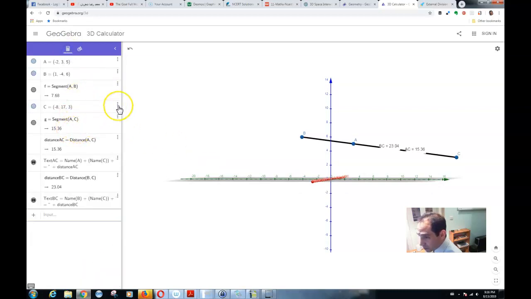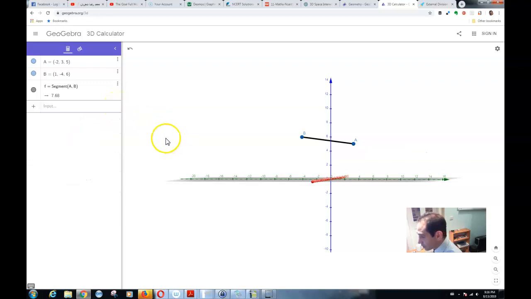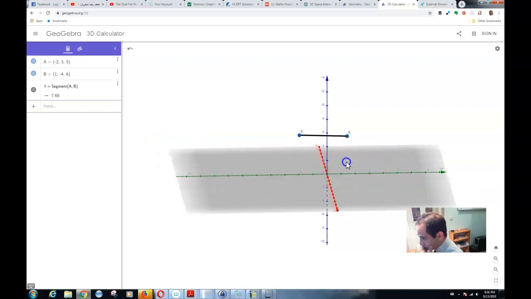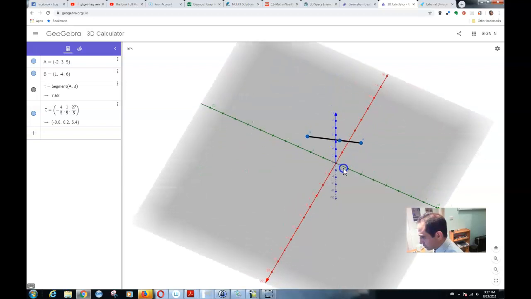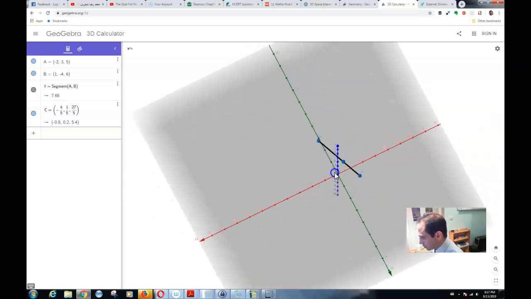You see over here, if I delete this thing, these are the 2 points that we have, point A and point B. And if I enter point C over here, which is negative 4/5, 1/5, and 27/5, then you would see that the point C is actually much closer to A than to B. And that's basically where the point actually is.